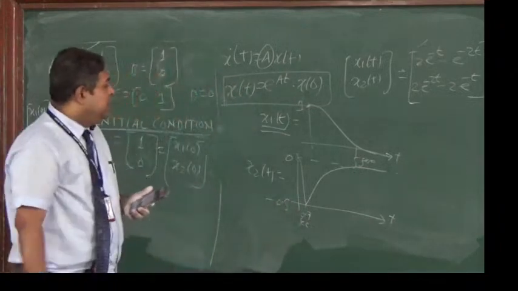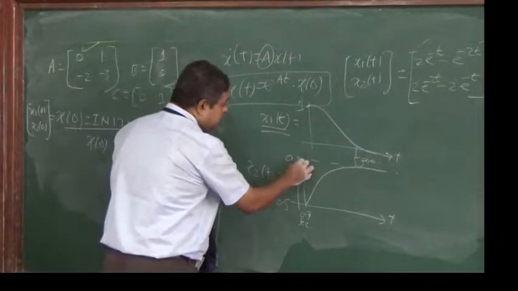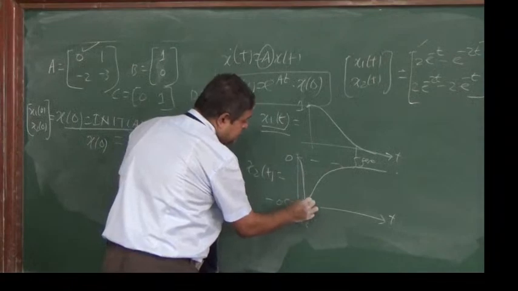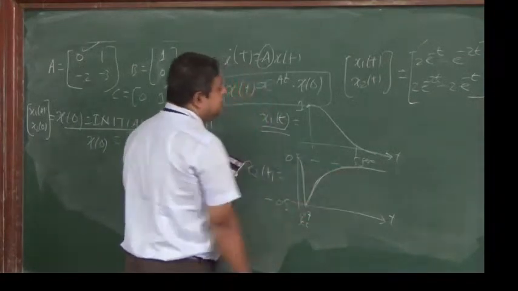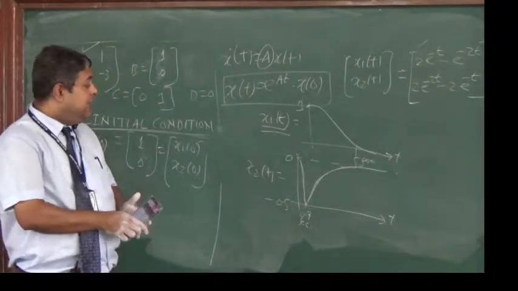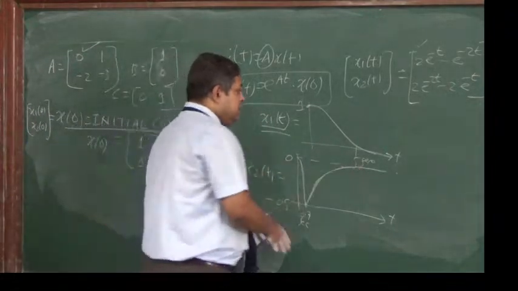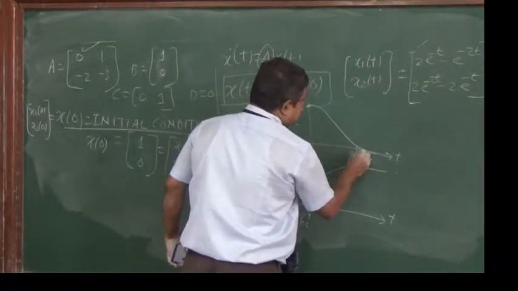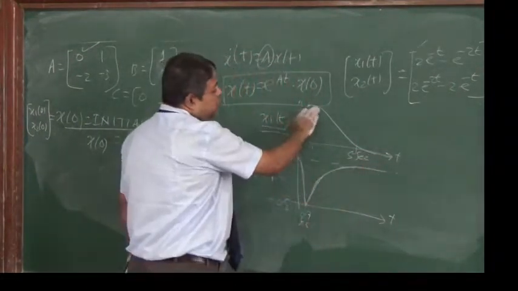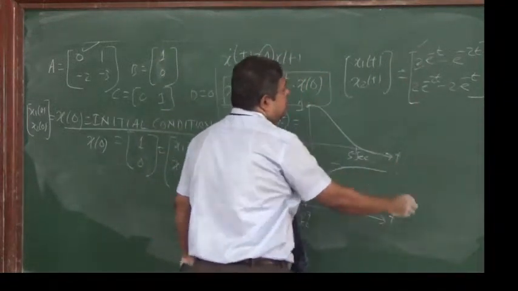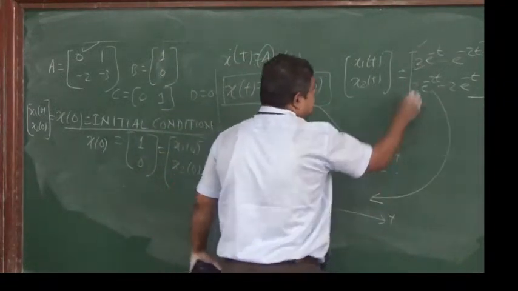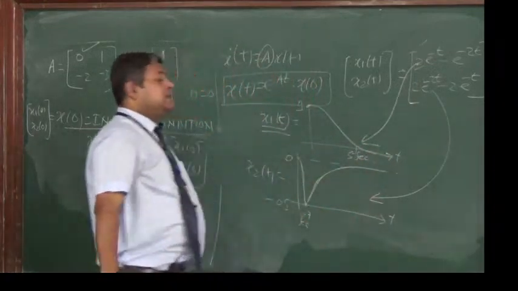So this is the graph of x2(t). It initially falls very fast, so this is the transient region, and then it asymptotically increases and goes towards the 0 amplitude. So this is 5 seconds like this. So this is the second graph and this is the first graph.